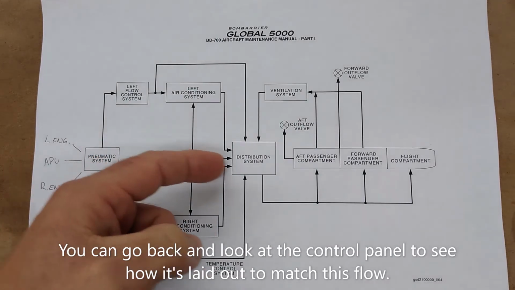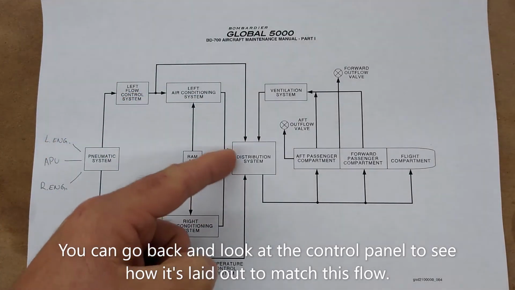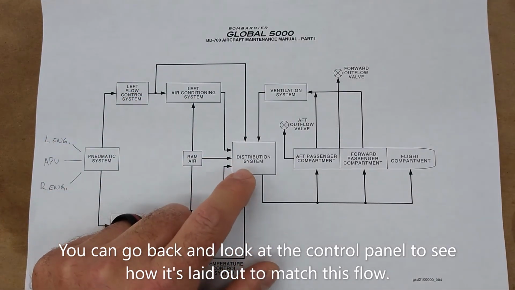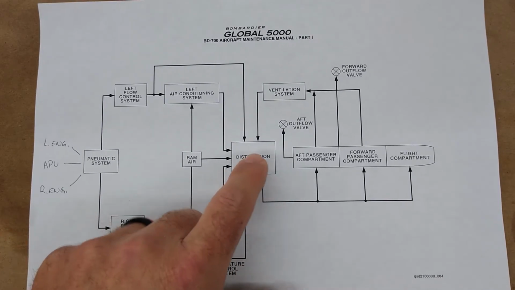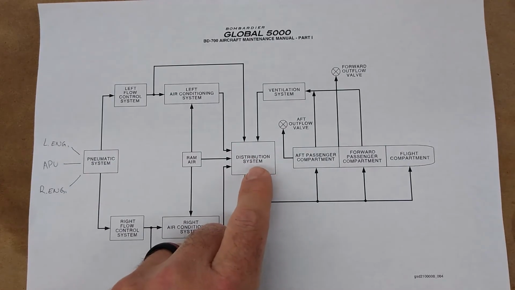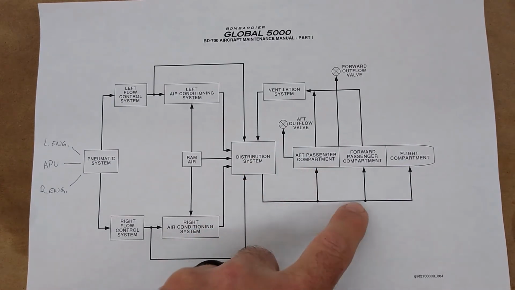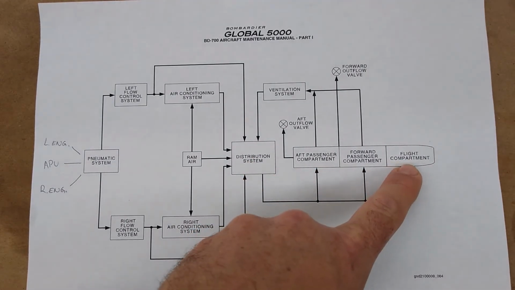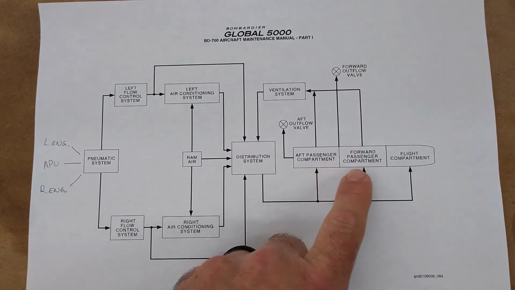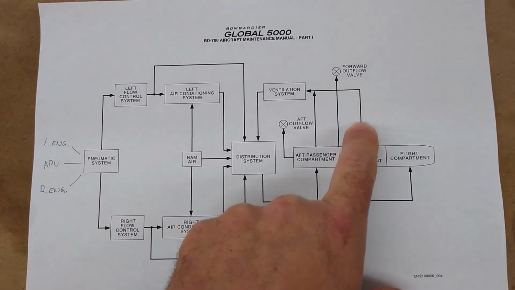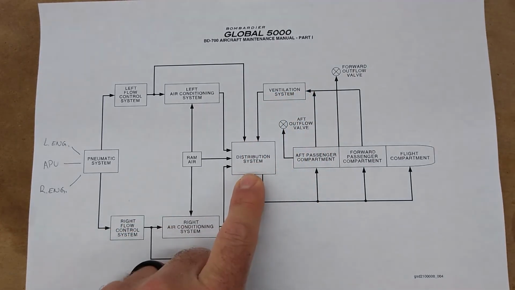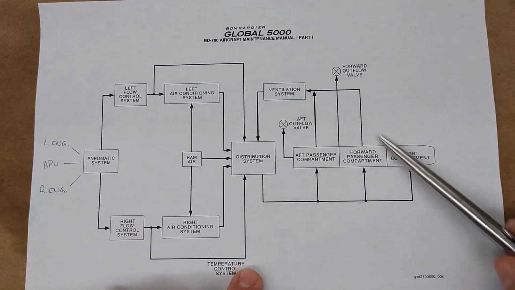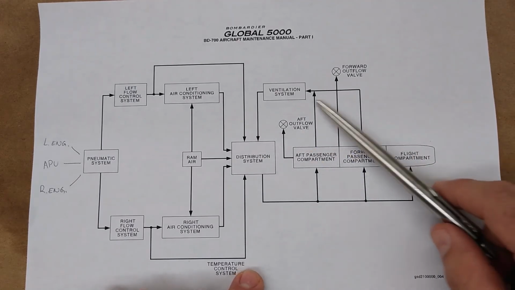All that gets fed into the distribution system, which is that mixed manifold. From there, the conditioned air gets fed to three zones in the aircraft: cockpit and passenger compartment. From there, it gets recirculated back to the ventilation system and fed back into the mixed manifold, where it can make that same loop again.